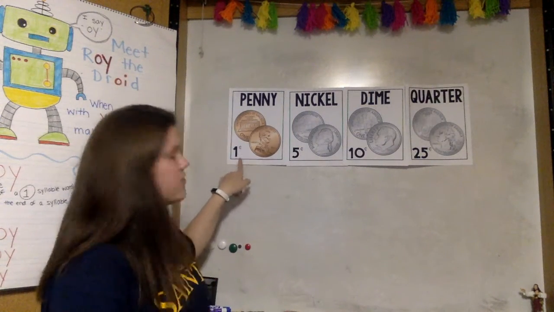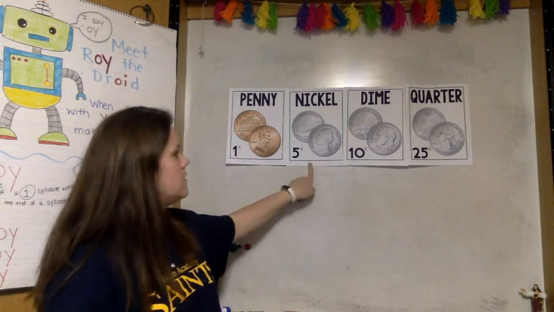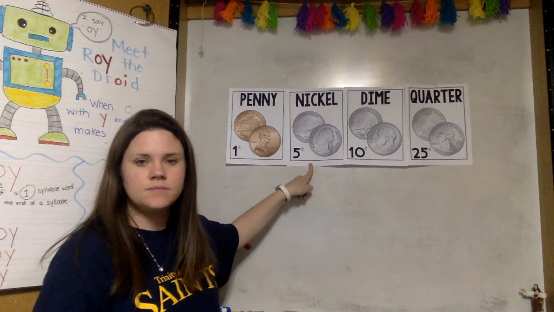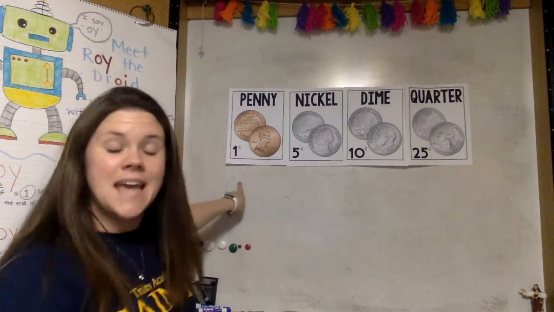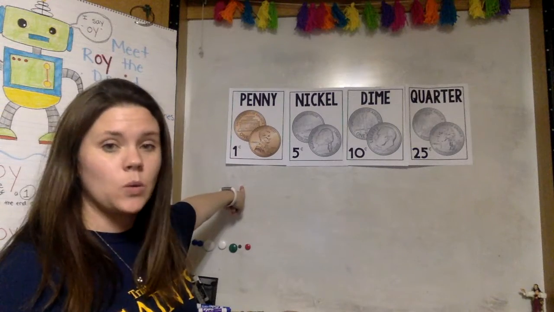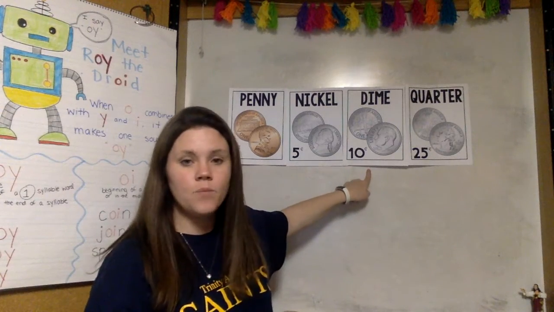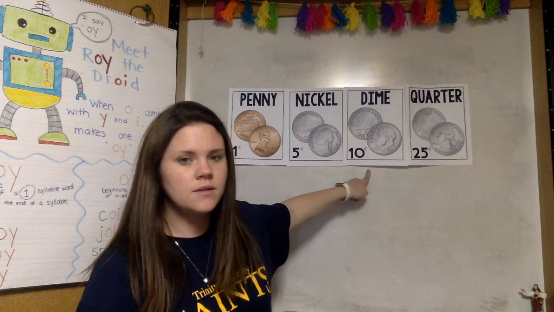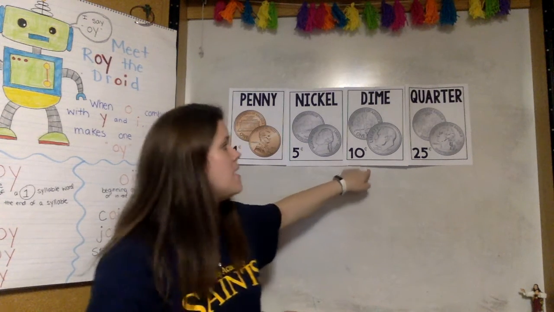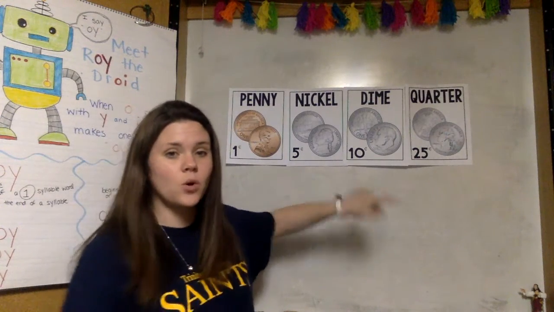So if I had 5 pennies, that would be the same value as having 1 nickel. If I had 10 pennies, that would be the same value as having which coin? As 1 dime. Or if I had 10 pennies, and that means I have 10 cents, I could have 1 dime, or I could have 2 of another coin.